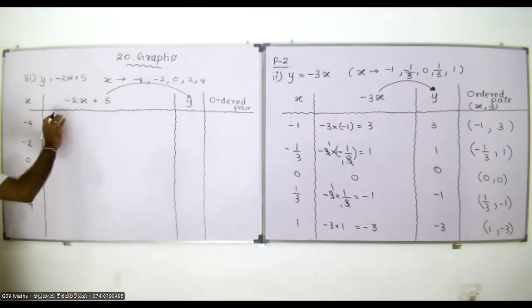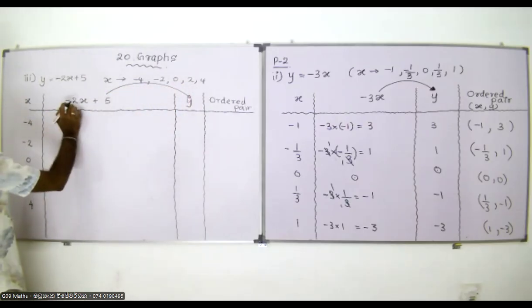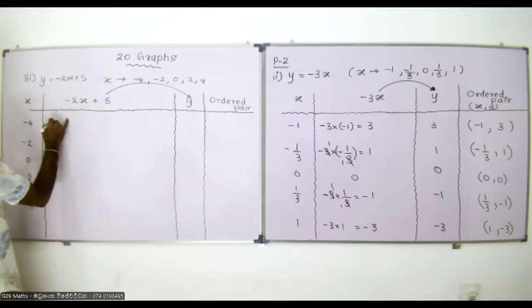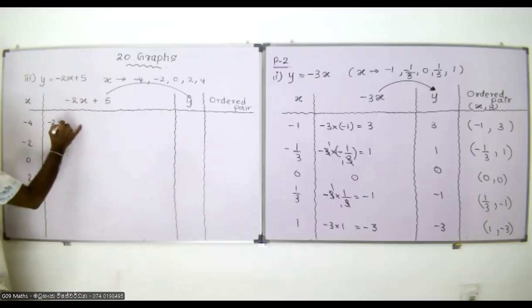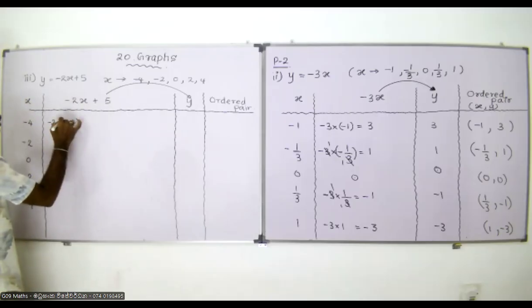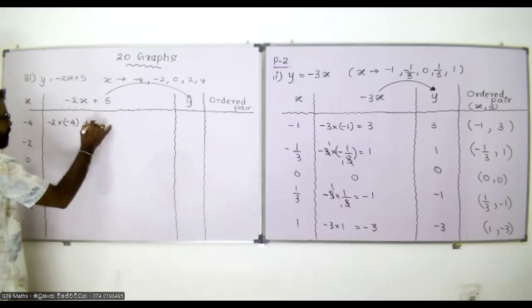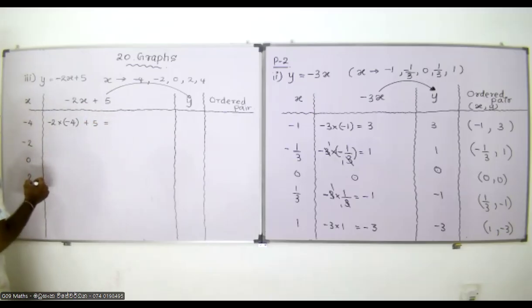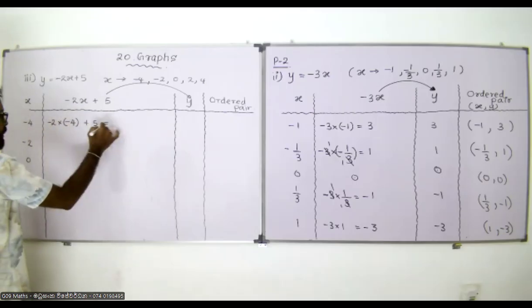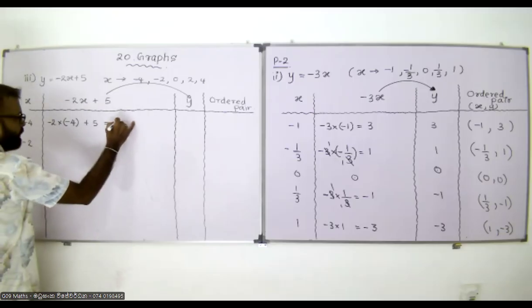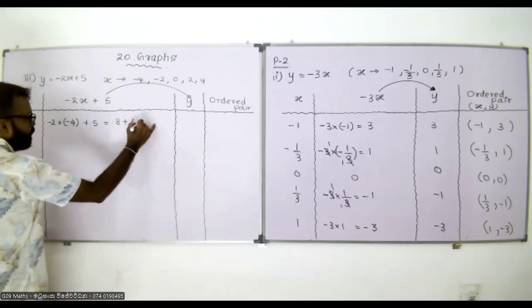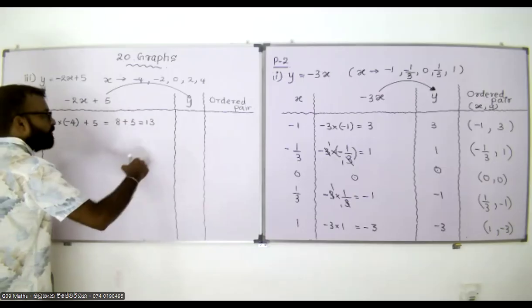So I am going to substitute negative 2 times x. Negative 2 multiplied by x means negative 4, plus 5. Then negative into negative, positive. 2 times 4, 8 plus 5 is 13.